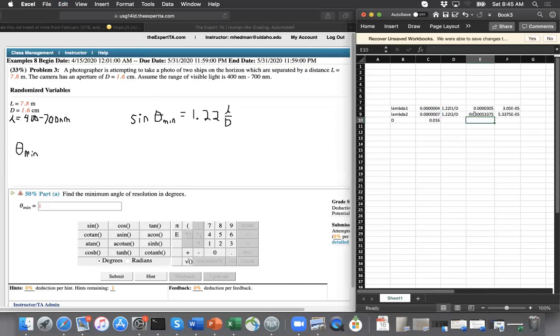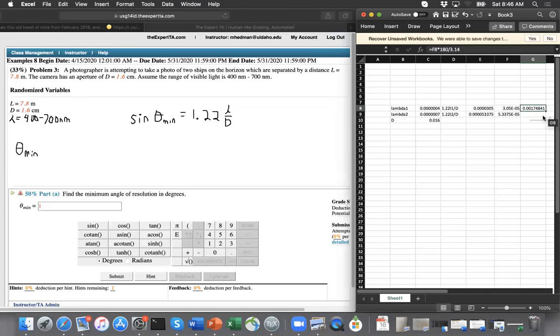This is actually pretty much the same as this. When angles are small, sine of theta roughly equals theta as long as theta is in radians. But we are told to give the answer in degrees. So we have to take the radians answer and multiply it by 180 degrees divided by pi radians.